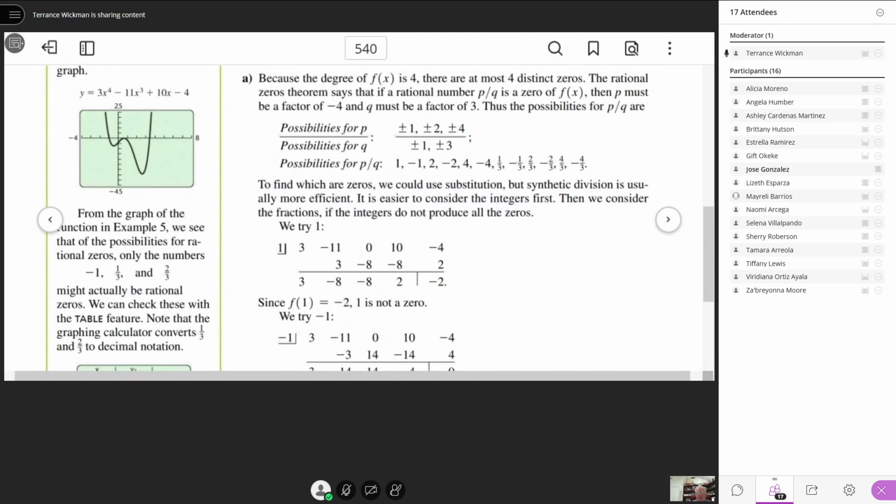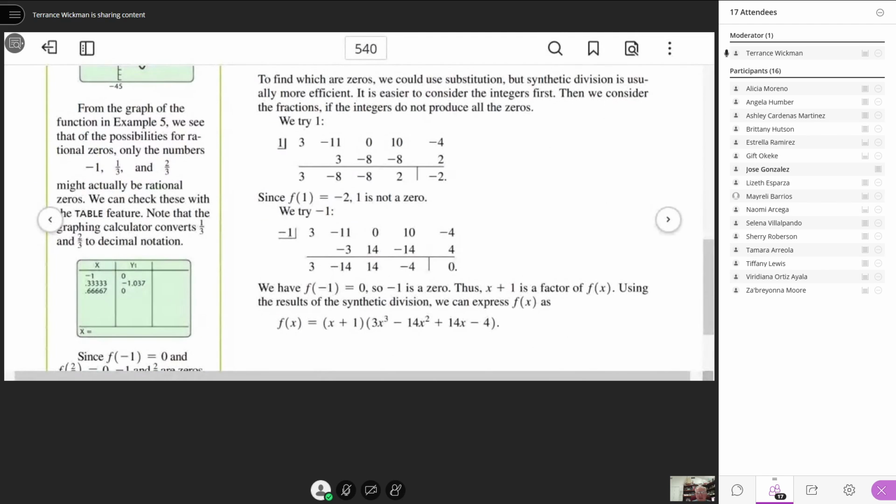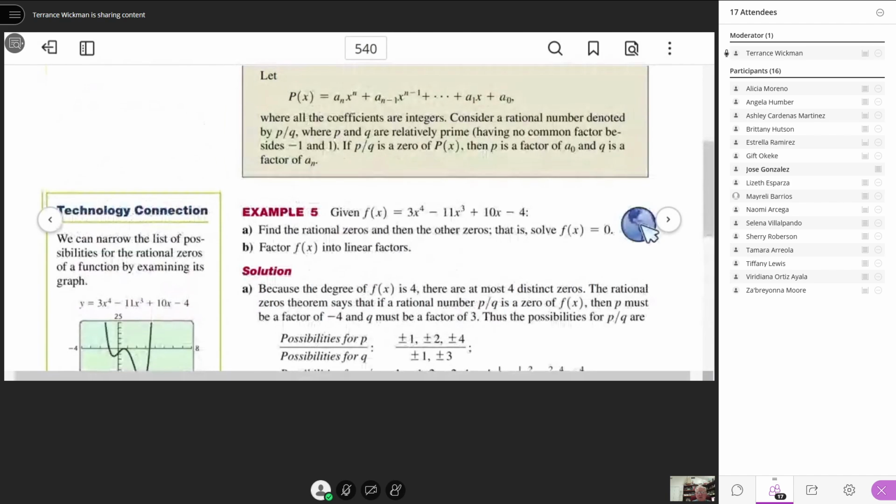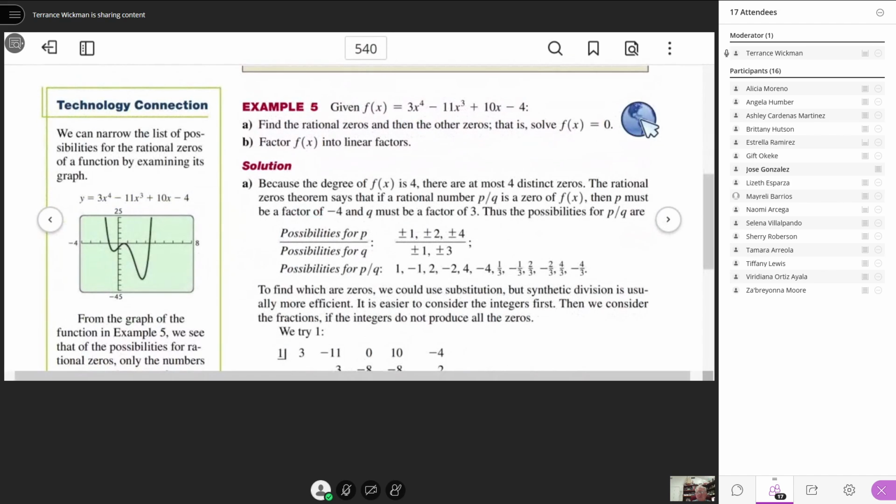Okay, well, Lizette explained that if we find the 0, then obviously there could be others. What they're telling you here in problem number 5 is to find the rational zeros and then the other zeros.